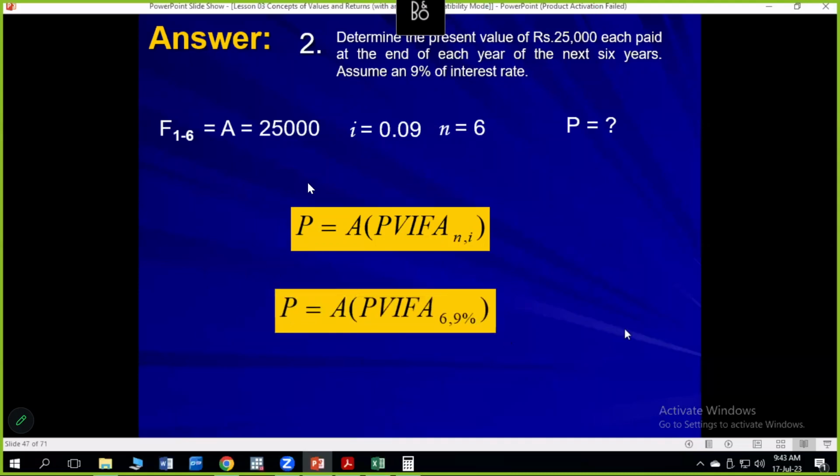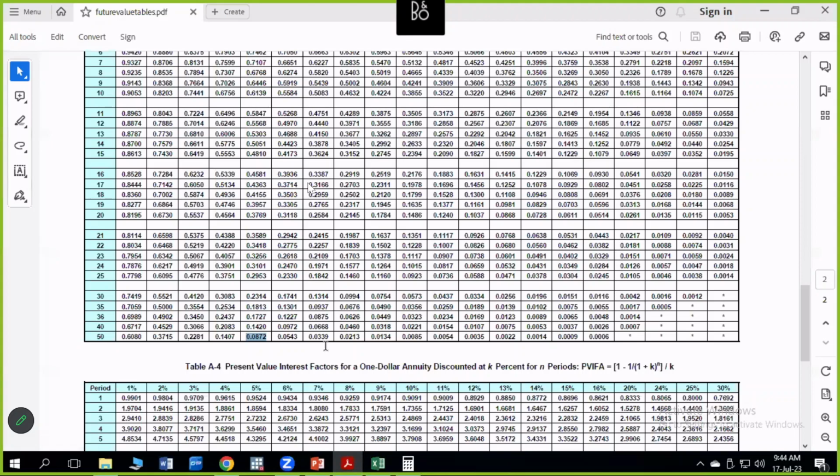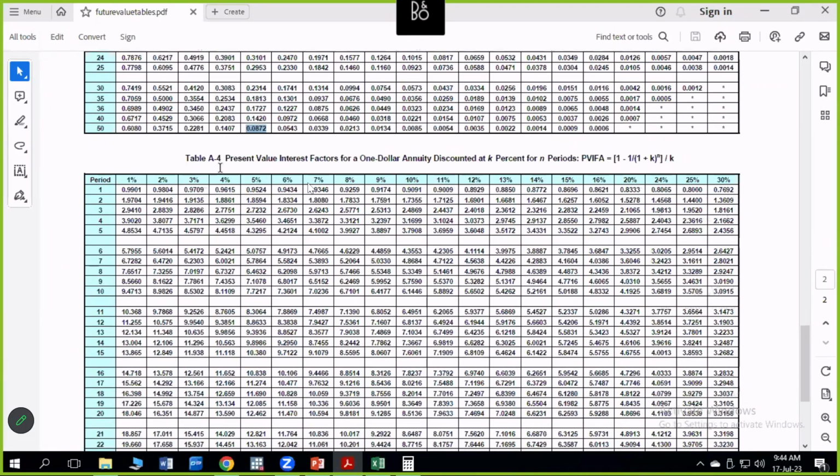Now you can easily substitute. At 6 years and 9%, what is the value? You can go to your table, the annuity table, A4. Annuity, 9% is your target, at the 6th year: 4.4859.